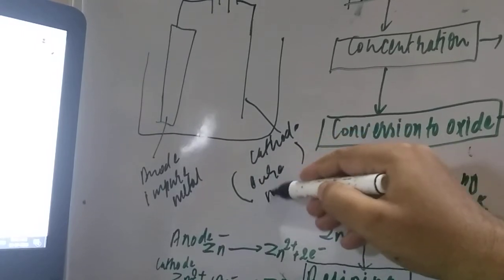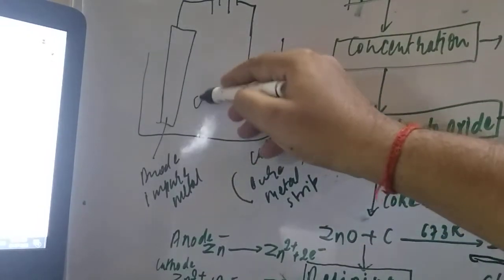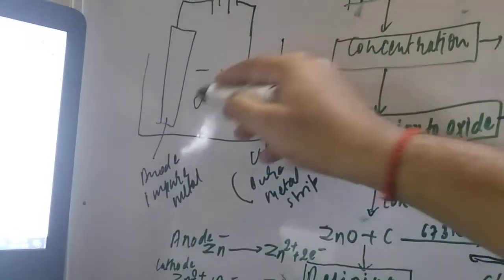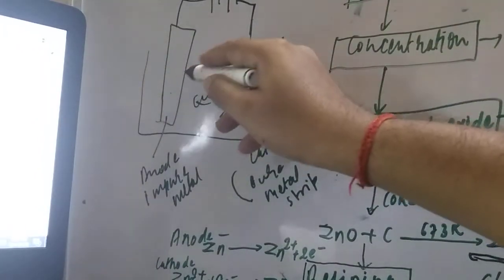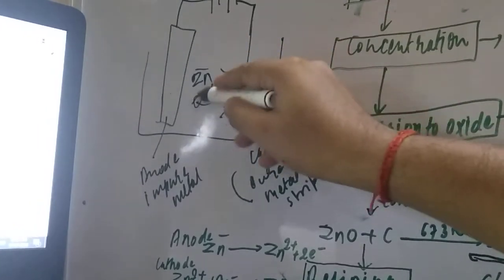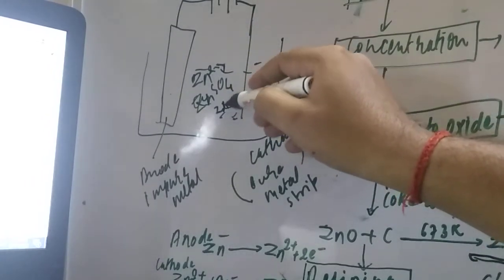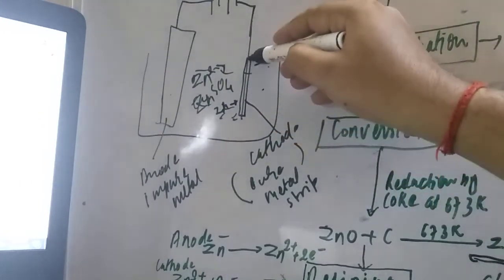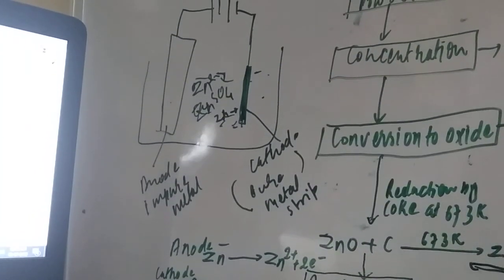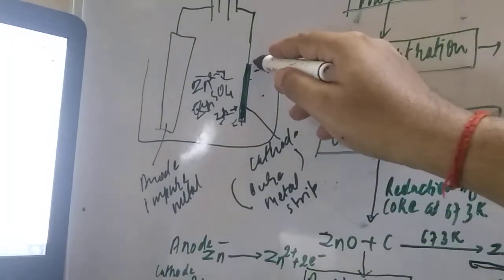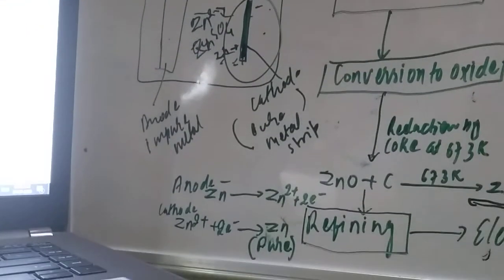We put the zinc sulfate solution as electrolyte. When electricity passes, the Zn2+ ions from ZnSO4 come to the cathode and are deposited there. This is the reduction. So pure metal can be extracted from the impure metal. This is all about the refining of the metal.